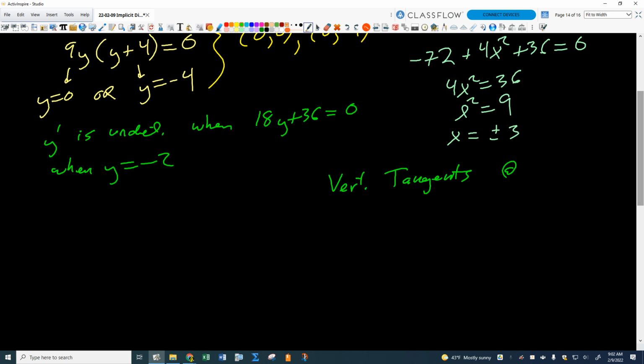So we get the points negative 3, negative 2, positive 3, negative 2. And we should be able to see this if I graph this on Desmos. We should be able to see visually and check this out, make sure we got it right.